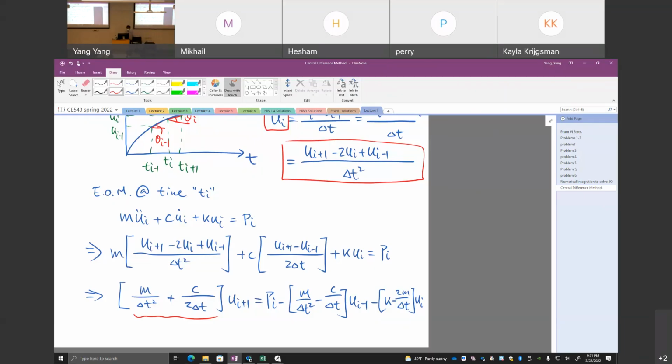So now this problem has been converted to a problem where, if we know the response of the system at the 2 earlier times, we should be able to solve the displacement at the later time, right?